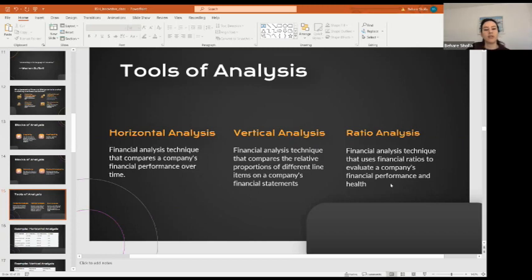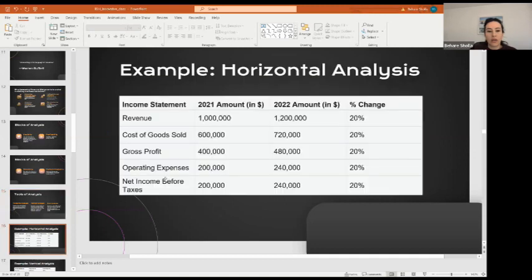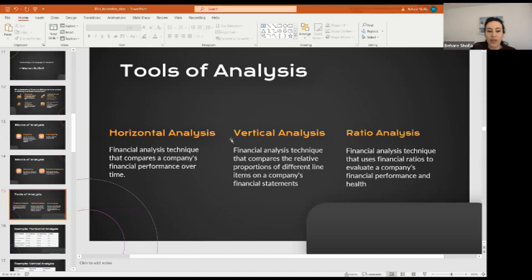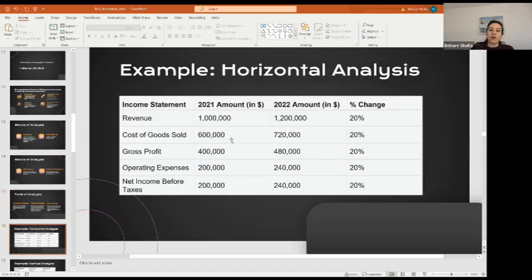Okay, now we go to the tools of analysis, and we will see some examples. The tools of analysis are horizontal analysis, vertical analysis, and ratio analysis. Here is an example of the first, horizontal analysis. We can see that the company here is comparing several accounts or several positions between 2 years.